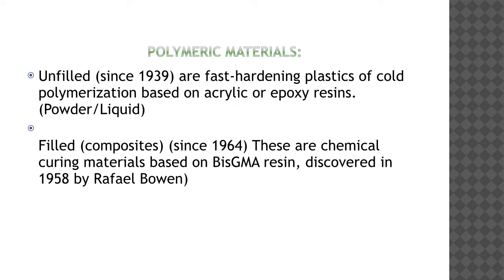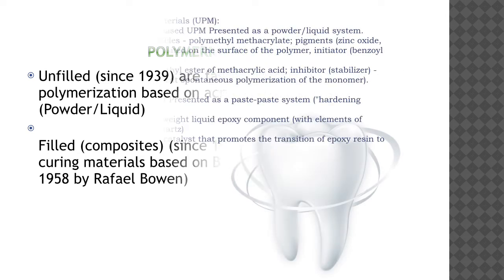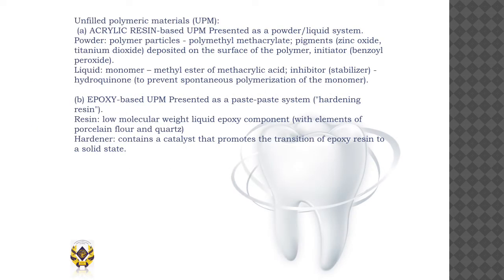The filled materials were developed in 1964 with the discovery of bis-GMA resin, and these chemical curing materials are based on them. Unfilled polymeric materials are divided into two groups: acrylic resin and epoxy-based.